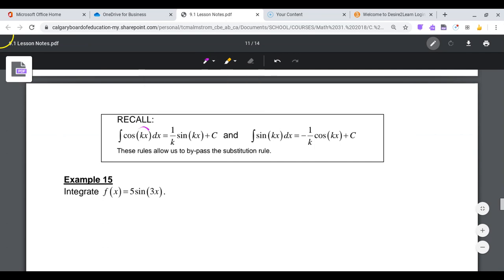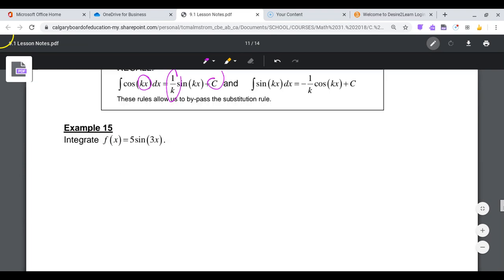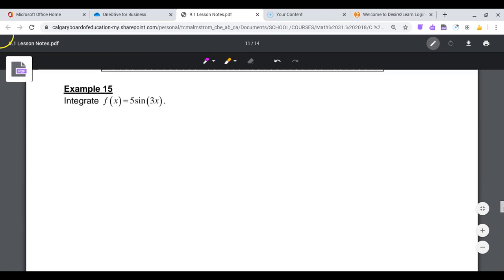If we have an argument with a coefficient, we just have to remember to put the 1 on k in the front. And then don't forget your plus c. So the antiderivative of cos would be sine, and the antiderivative of sine would be negative cos, with the correct k elements. All right, so go ahead and try 15 on your own.